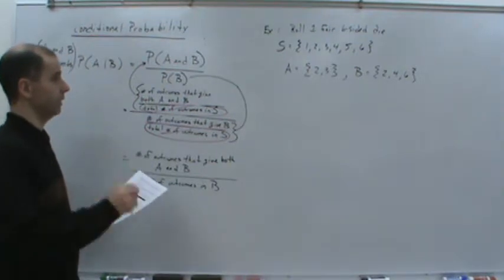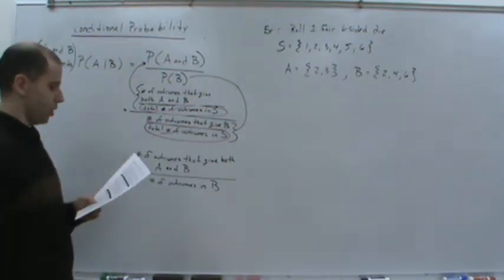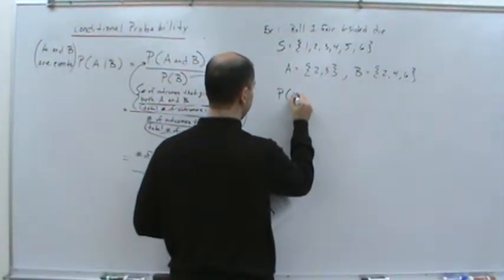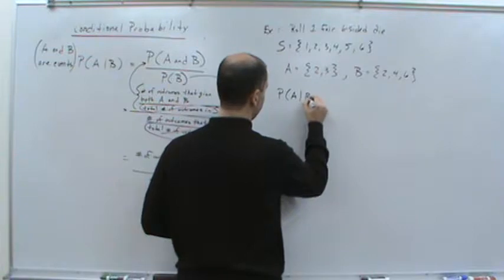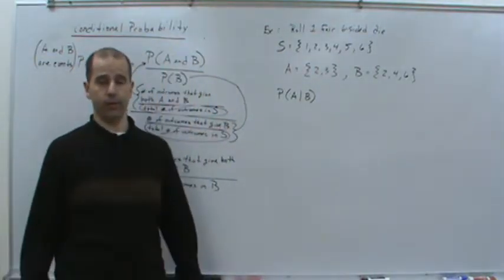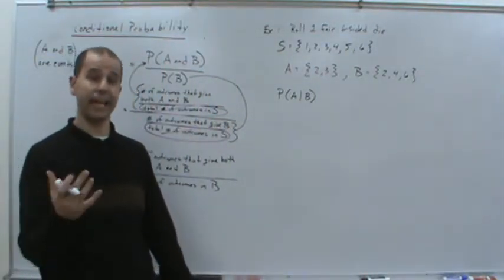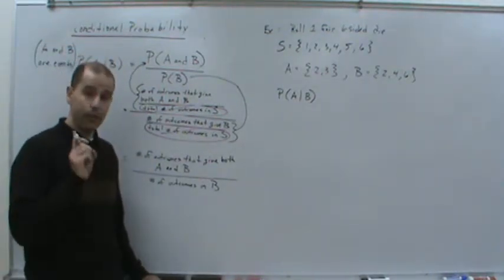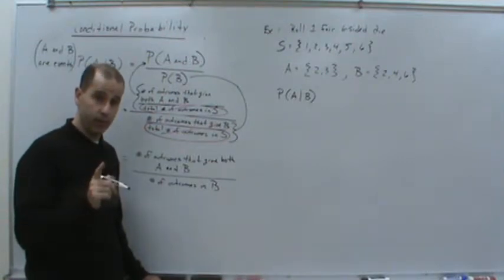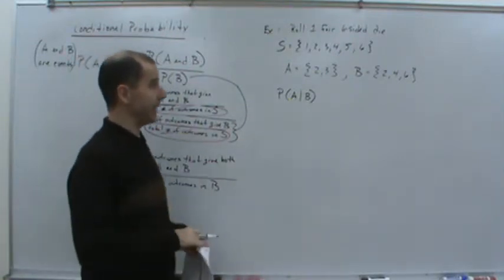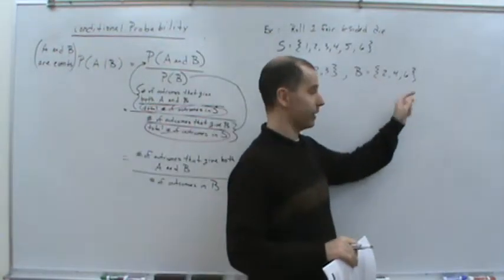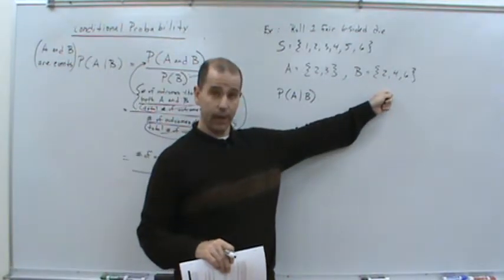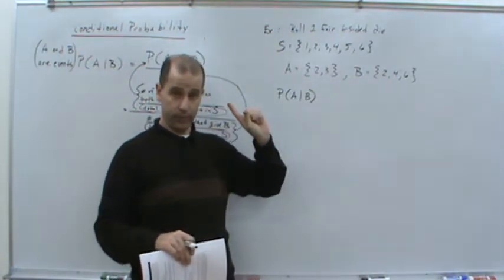Okay? So let's calculate the probability of A given that B has occurred. So let's think about this. I'm given B, so I know that B has occurred, which means I got a 2, 4, or a 6. So all I care about is B, so I ignore A for a moment.